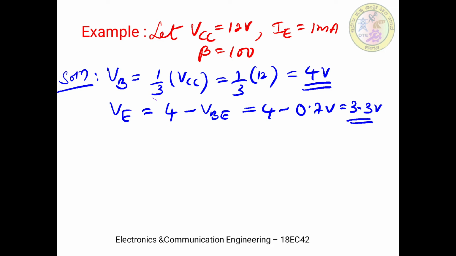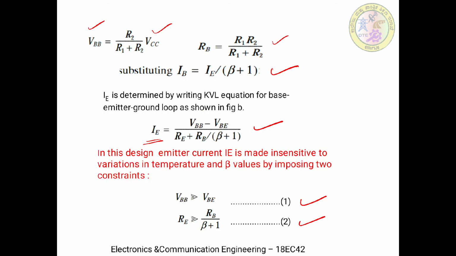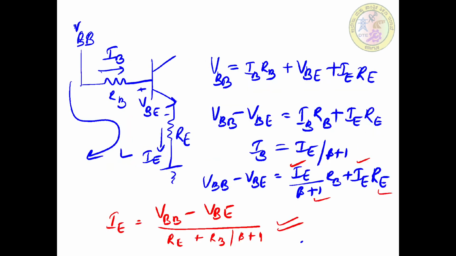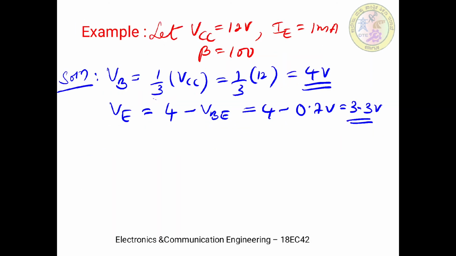Next we will calculate the resistor RE. The circuit should always be kept in mind: the basic circuit arrangement has an R1 resistor, R2 resistor, RC resistor, and RE resistor. We know this VBE as well as the VBB, which we have just calculated as 4 volts. At the emitter point we calculate VE as the difference between 4 volts and 0.7 volts, so VE is equal to 3.3 volts.